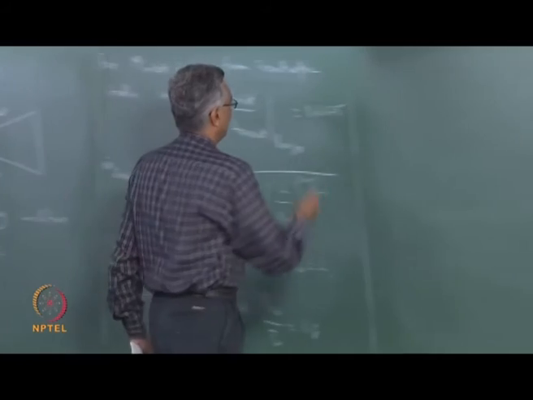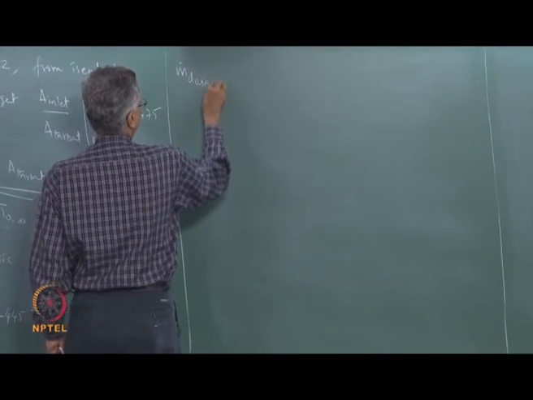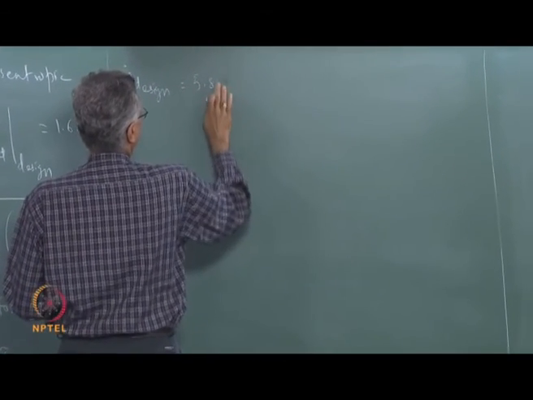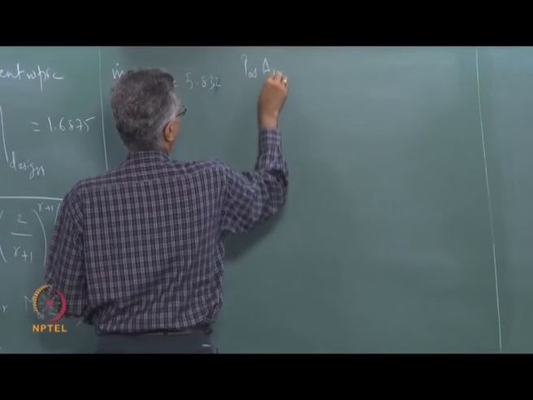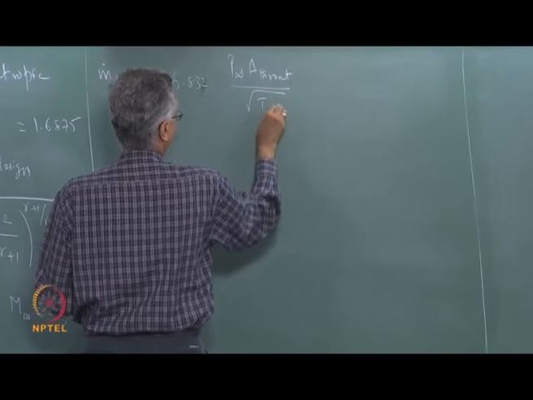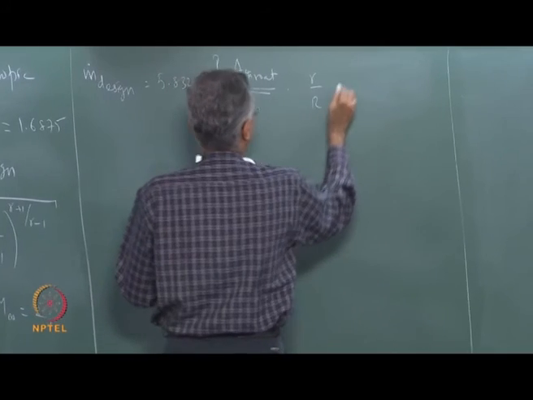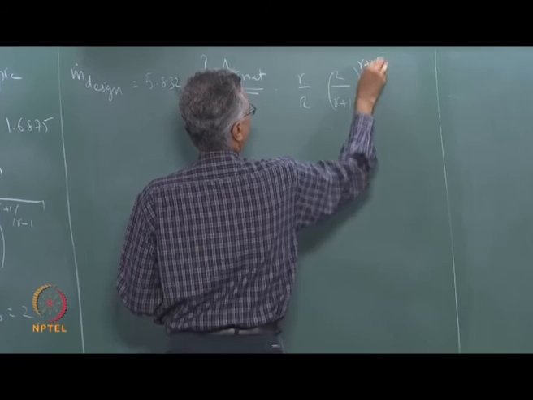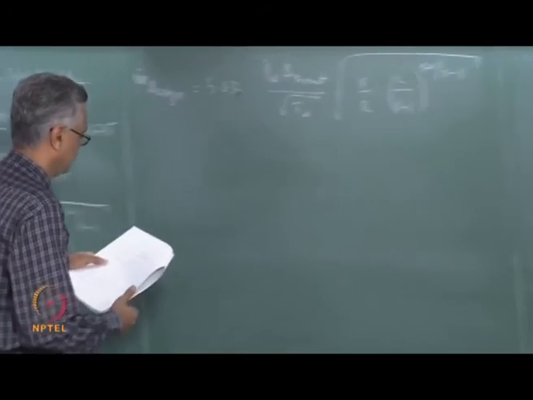So, if I plug in these values here, I get m dot for the design operating condition as 5.832 times P infinity A throat divided by square root of T infinity times gamma over R 2 over gamma plus 1 raised to the power gamma plus 1 over gamma minus 1, square root of that.